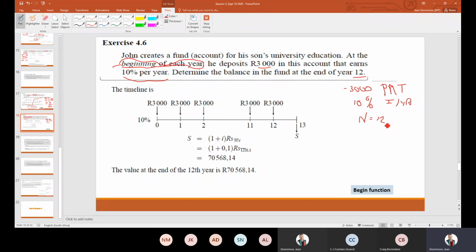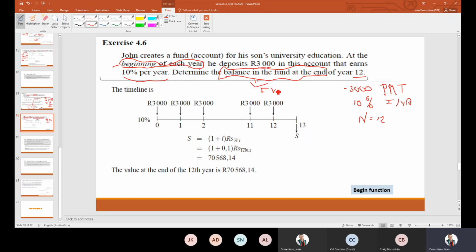So is this a present value or future value? So you want to know what is the balance in the fund at the end of the period. So that again tells you that we are looking at the future value.